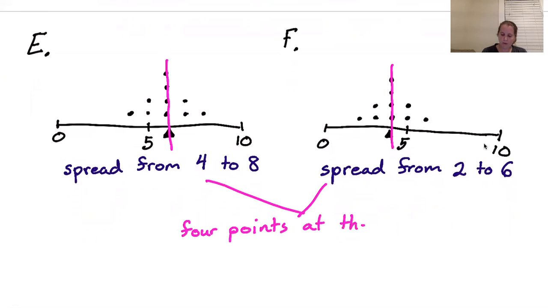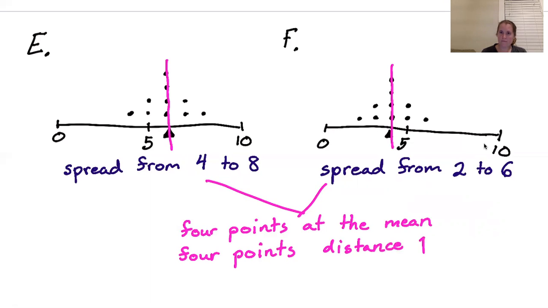In both of these, we have 4 points that are distance 1. And in both of these, we have 2 points that are distance 2.